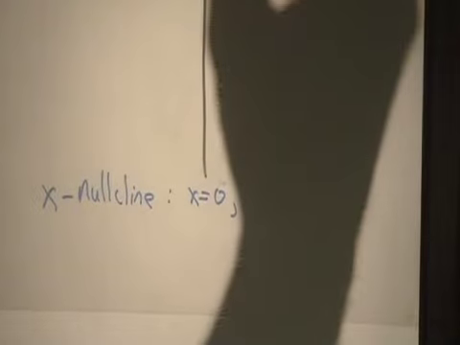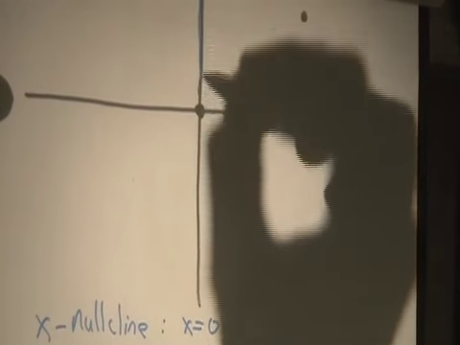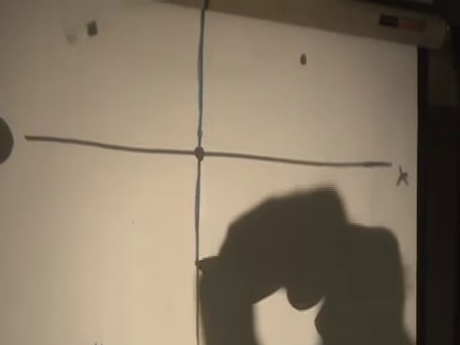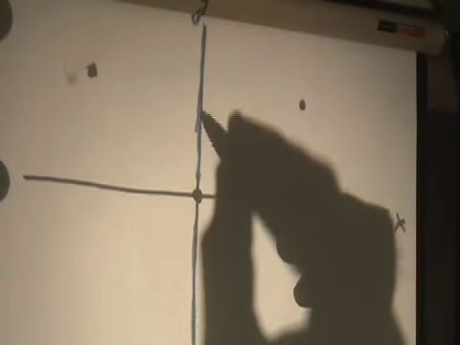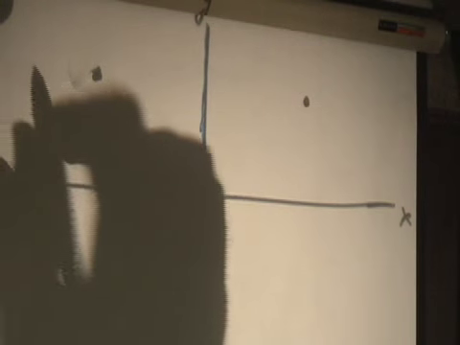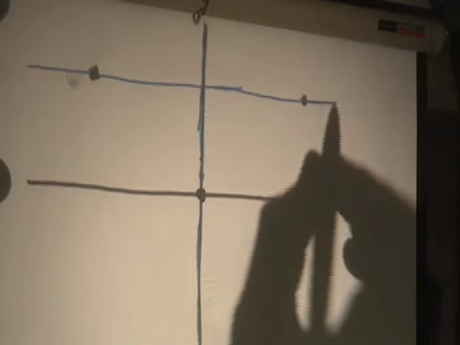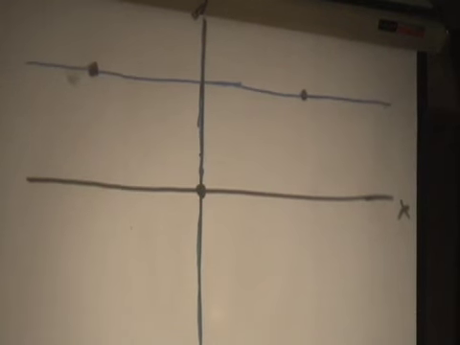I'm going to draw it in blue on the axes here, so I'm going to just go over the y-axis in blue. You can't see it real well in blue, I suppose, but that's going to be one of the x nullclines. And the horizontal line at y equals 4 is going to be one of the x nullclines.